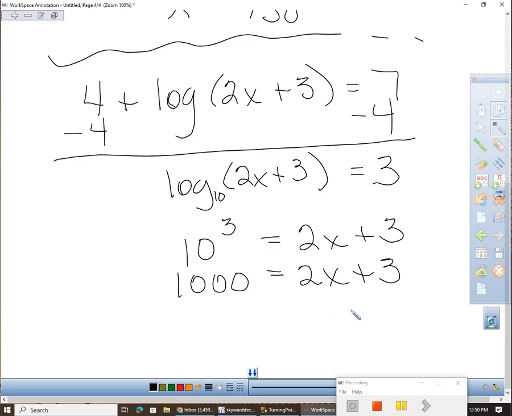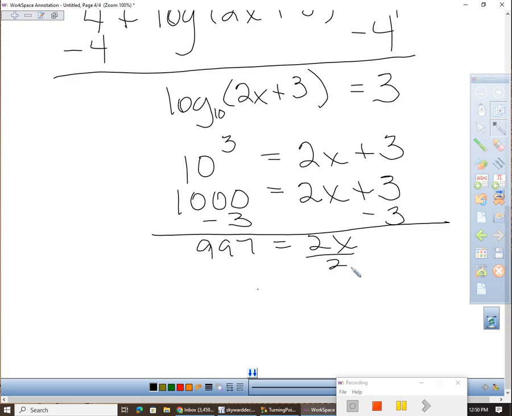I'm going to go ahead and subtract 3 from both sides. So I have 997 equals 2x. And then I'm going to divide both sides by 2. Or you can leave it as 997 over 2. Either way, I'm okay with. All right?